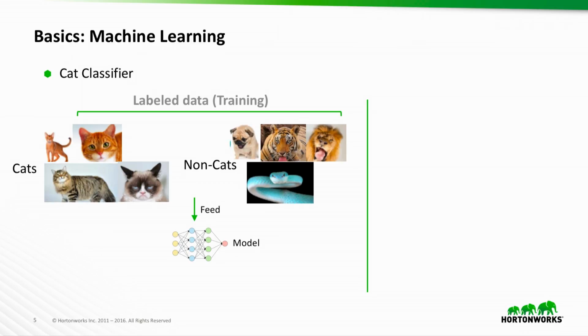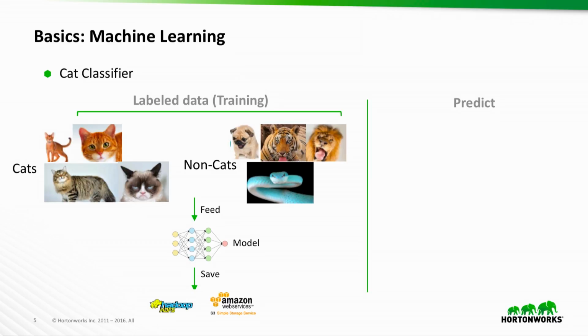Then this will be fed to the algorithms, for example, deep learning models or any other machine learning models. This training data will be fed to the model, and the model will run the training recursively for a long time. Once this is done, it will save the model to storage for future use.